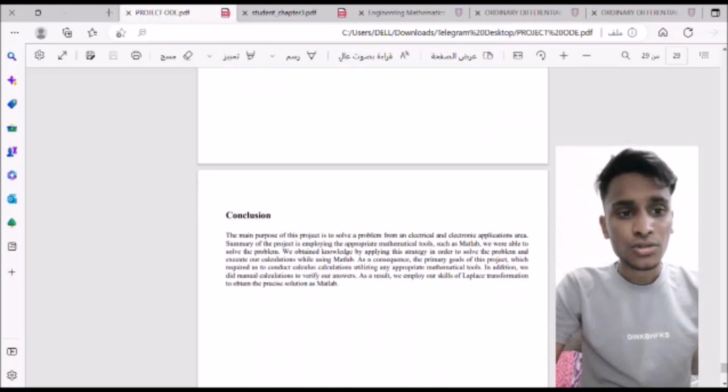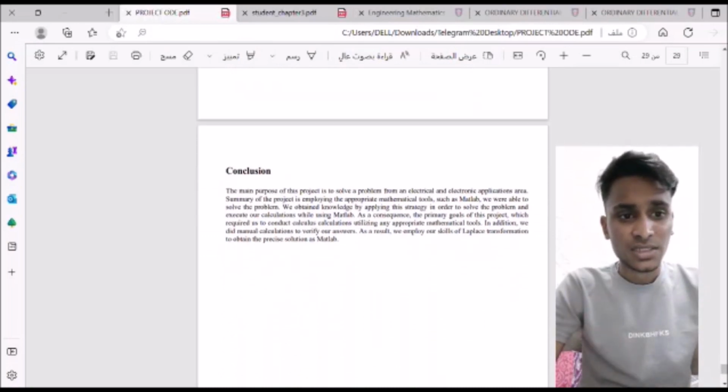So the conclusion: the main purpose of this project is to solve problems from the electrical and electronic software area. The summary of the project is employing mathematical tools such as MATLAB, and we were able to solve the problem. We obtained knowledge by applying this strategy to solve the problem and do the calculation while using MATLAB.